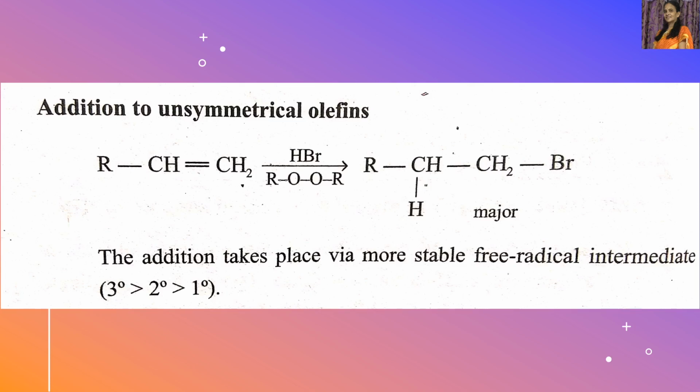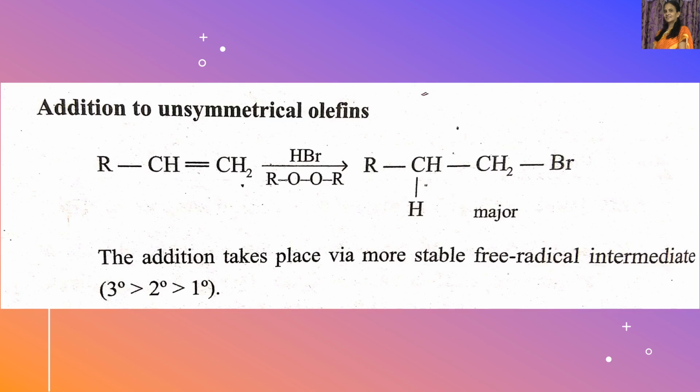Then when this bromine goes to the terminal carbon, and the H, that is the hydrogen atom, the positive part of this HBr, goes to the middle carbon, thus we get RCH2CH2Br, that is one alkyl bromide obtained as a major product.